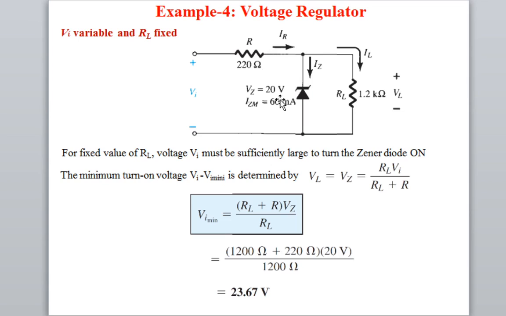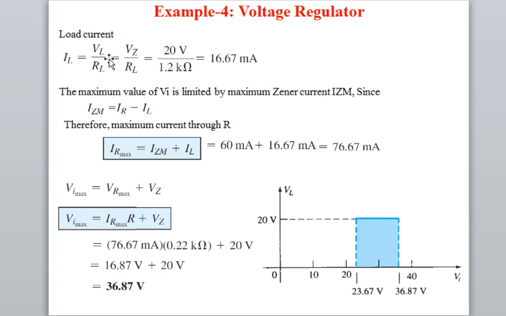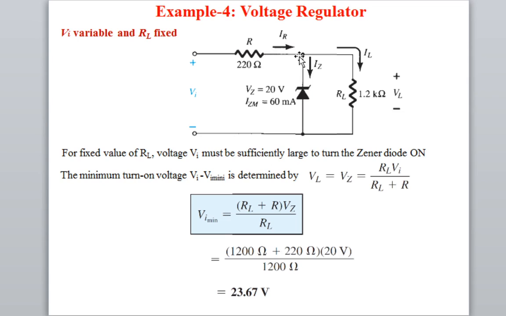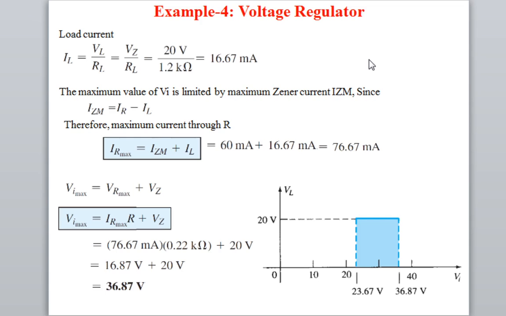And remember, the maximum Zener current is given in the problem, that is 60 milliampere. This current IR is equal to IZ plus IL. So if IZM is maximum, IL will be minimum.